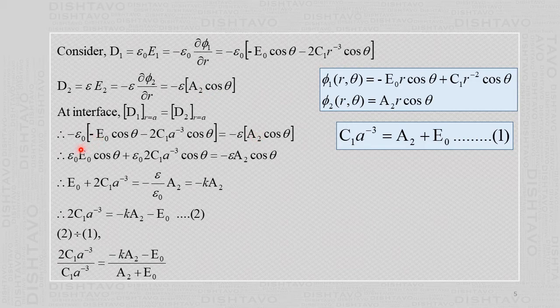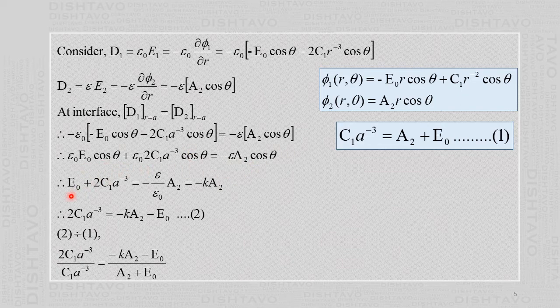Then bring this minus E naught inside, you get this term, and then what is to be done is you divide by epsilon 0 throughout. When you divide by epsilon 0 throughout, cos theta gets cancelled. See, cos theta cancelled throughout.